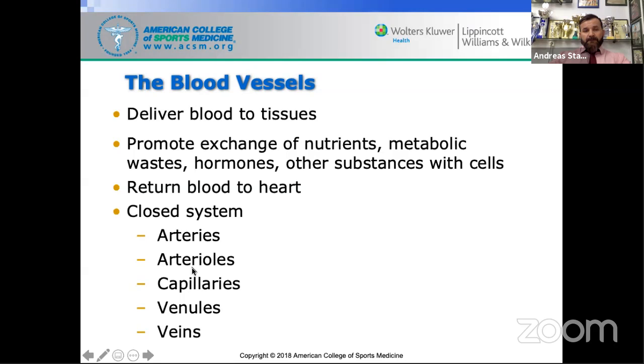As we move this way, they become small. So from the arteries, we go to the arterioles and then the capillaries. And from the capillaries, they become bigger now, the venules and then the veins. This is very important because this is where all the magic happens. This is where we exchange the nutrients. This is where we take all this metabolic waste to bring it back and to get rid of it.